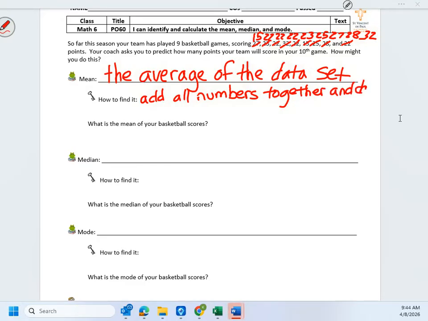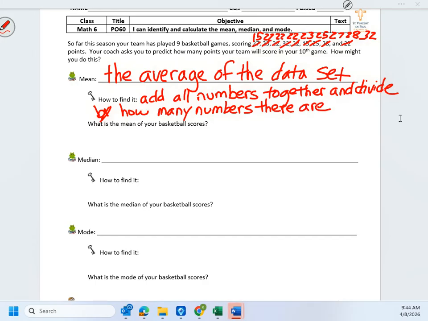And divide by how many numbers there are.